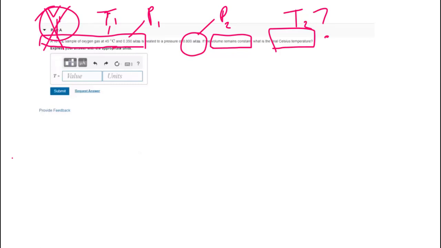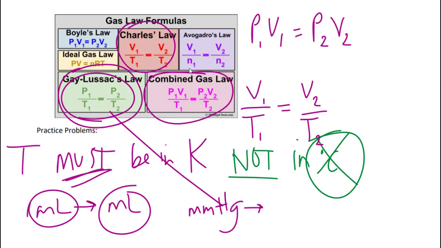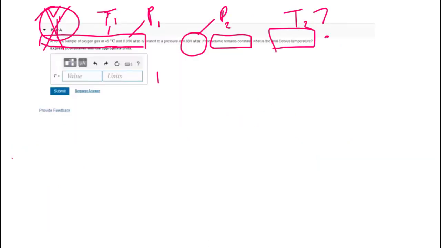I need to find the second temperature. So I'm going to flip back to this and look at, okay, temperature and pressure, temperature and pressure. Here we go. We're going to use this where I have P1 over T1. So P1 over T1 equals P2 over T2. Now, I need to solve for T2.